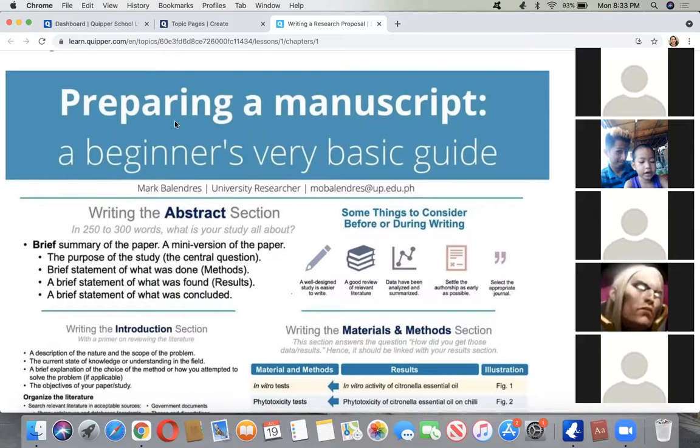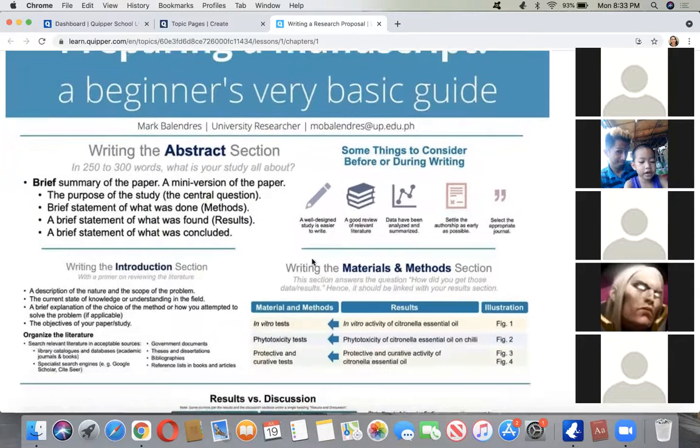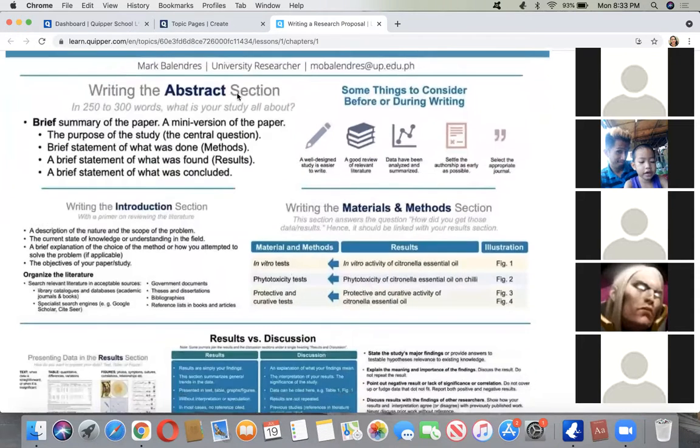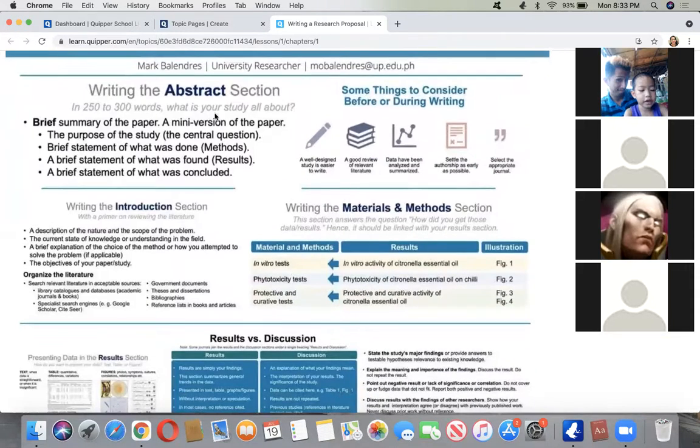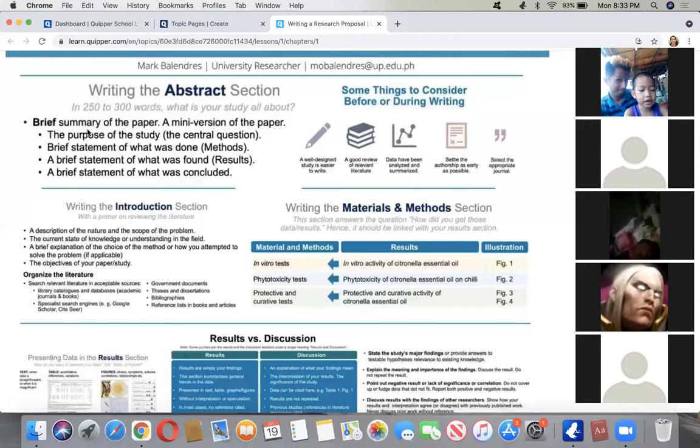And this is about preparing a manuscript, a basic guide for beginners. So again, writing the abstract section is a brief summary of the paper, a mini version of the paper.